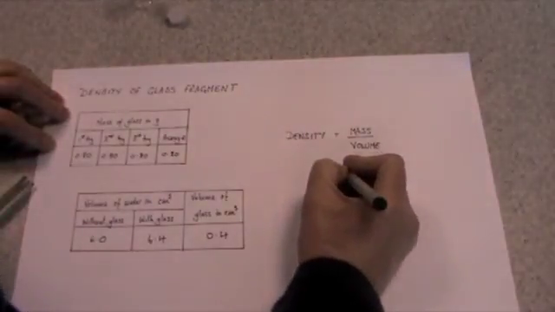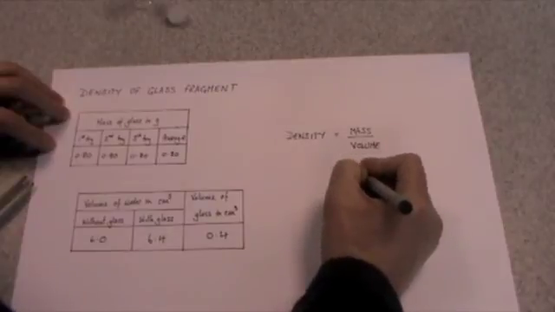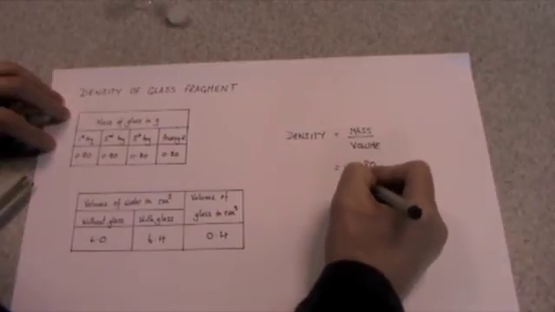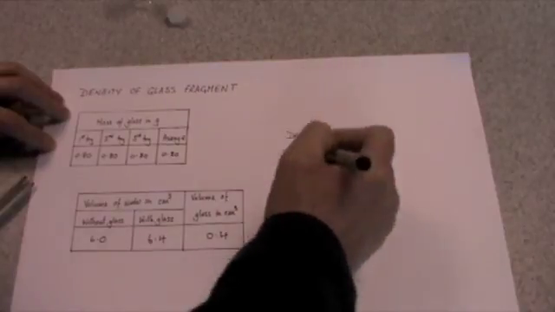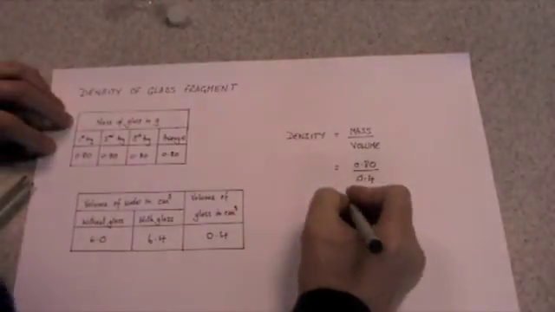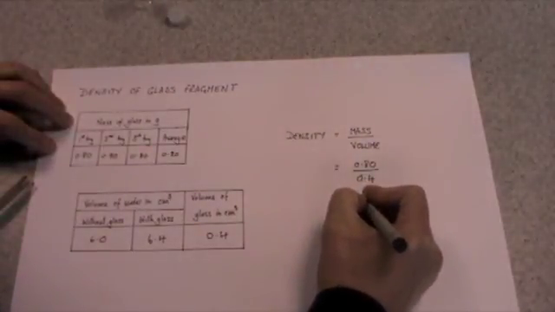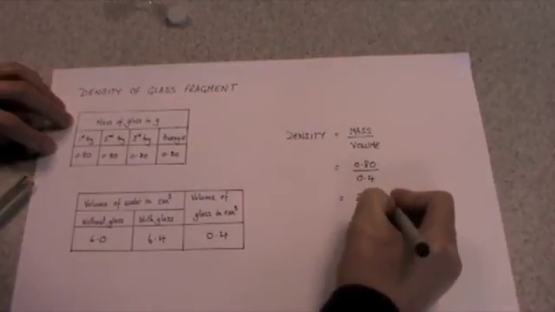So the density must be equal to 0.80 divided by 0.4, and you can now use your calculator to work out the answer to that, which is going to be 2 grams per centimetre cubed.